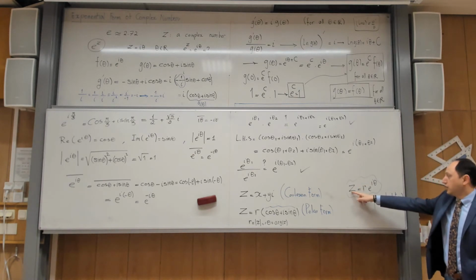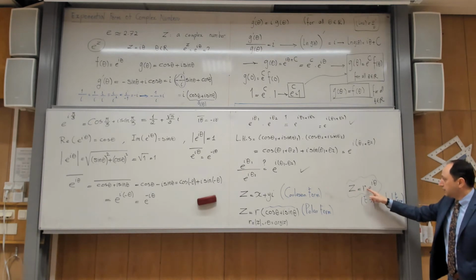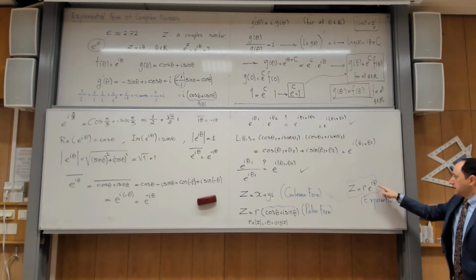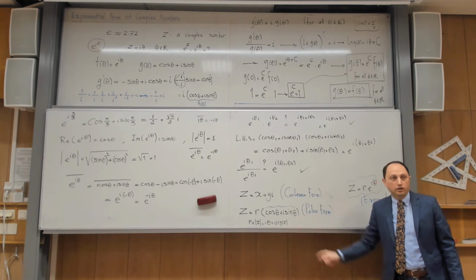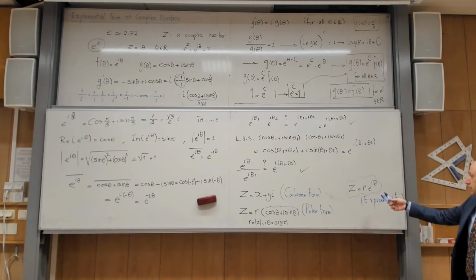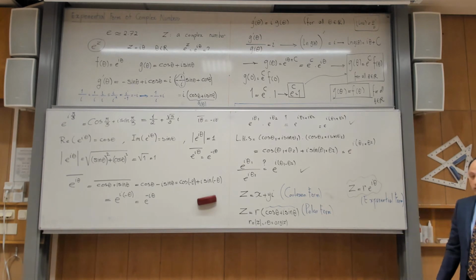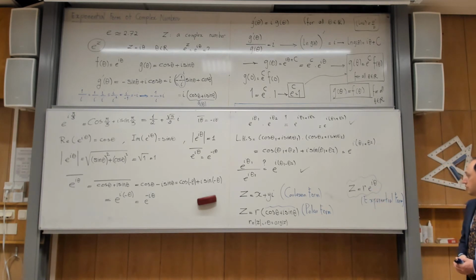So if you have your complex number in the exponential form, the real number that appears here is the absolute value of your number, and theta that appears here is the argument. So if I ask you to write a number in exponential form, that is very easy. You just write it in the polar form, as we learned before, and then use Euler's formula to change it to the exponential form.